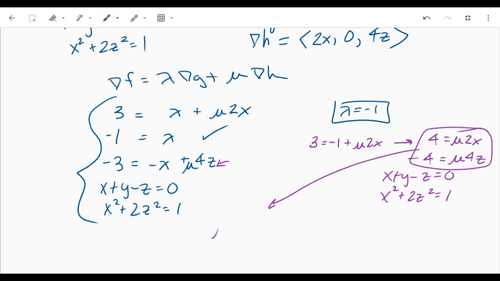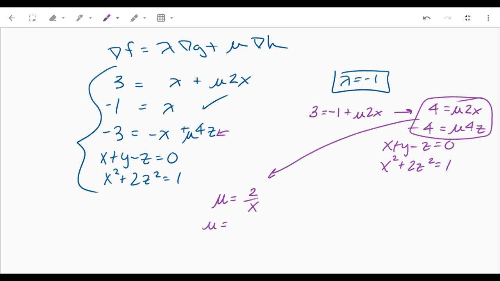I'm going to do mu equals 2 over x from the first one, and mu equals -1 over z. So if 2 over x equals -1 over z, then 2z is negative x.